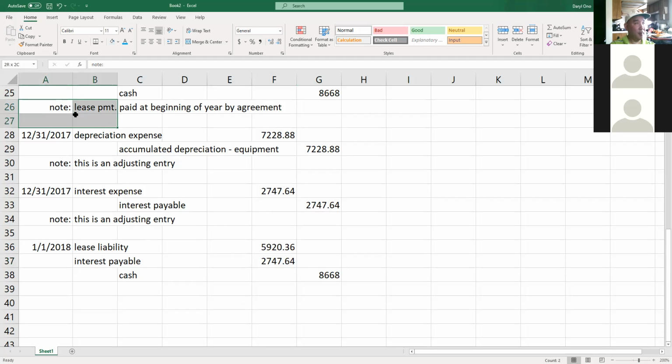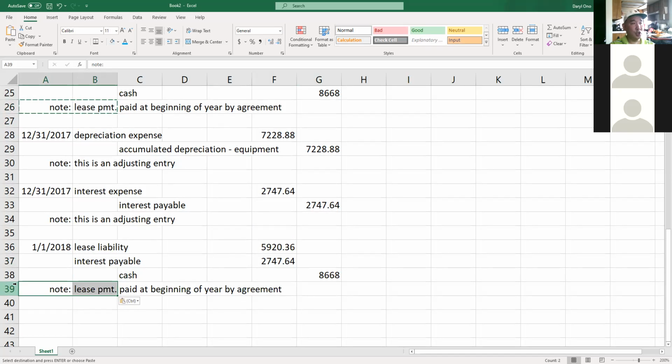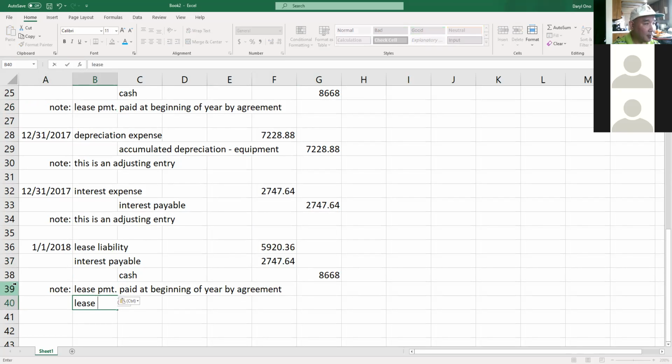Let's put some notes here. Okay, so this is the lease payment paid at the beginning of the year by agreement. And you can put another note here. Lease liability is decreased by the amount of interest payable.